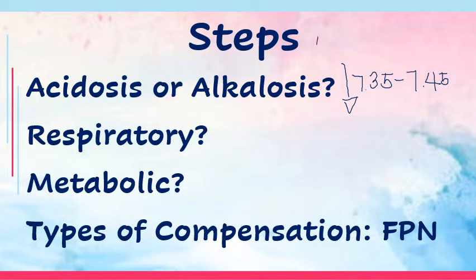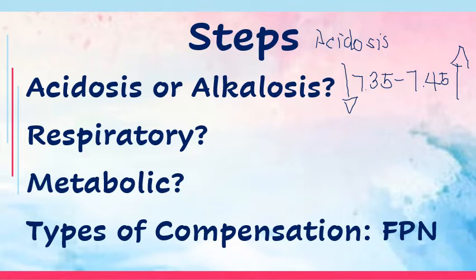Again, if the pH is less than 7.35, you are sure that the condition your patient is going through is acidosis. If the pH of the patient is 7.45 and above, you are sure that the patient is going through alkalosis. Again, if the pH is above 7.45, it will be alkalosis.